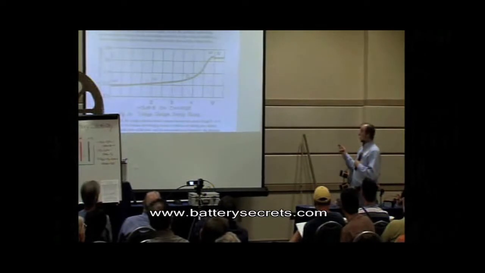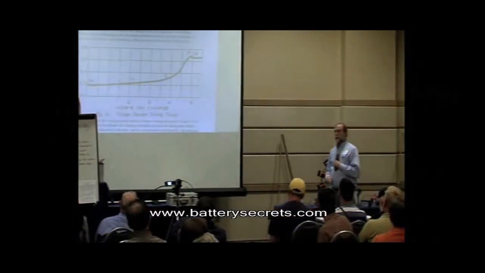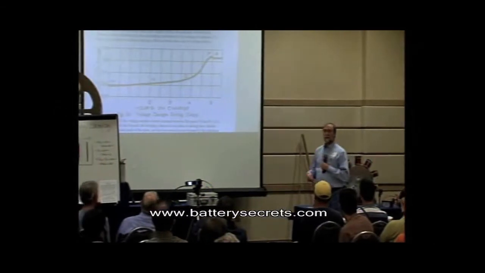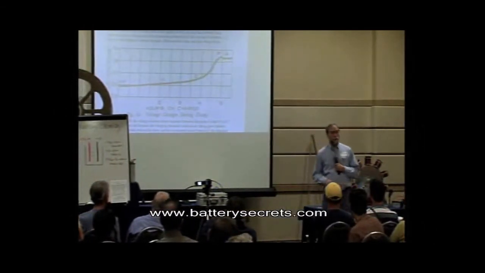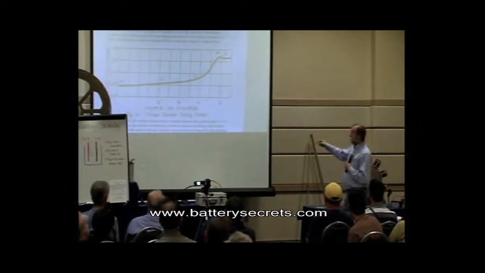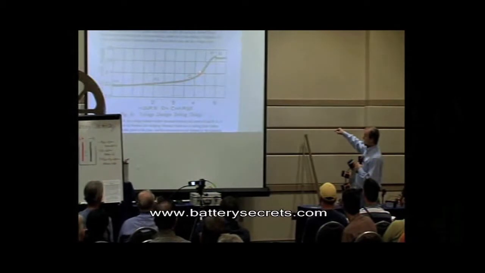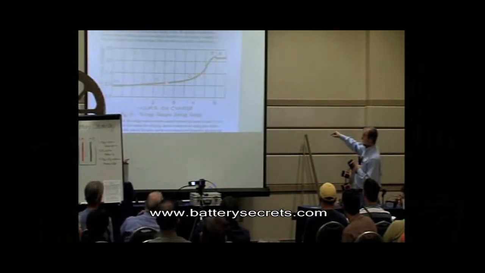Now, what we also saw, especially in batteries that were old and not in perfect shape, as the battery voltage was rising, we would see little drops in here, for instance. We would see a little drop here.